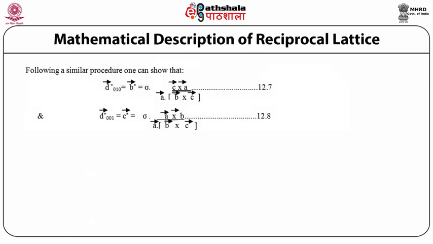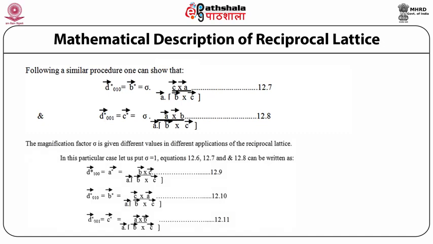Following a similar procedure, one can show that d star 010 vector is equal to b star vector is equal to sigma into c cross a upon a dot b cross c, which is given as equation 12.7, and d star 001 vector is equal to c star vector is equal to sigma into a vector cross b vector upon a vector into b vector cross c vector, which is given as equation 12.8.